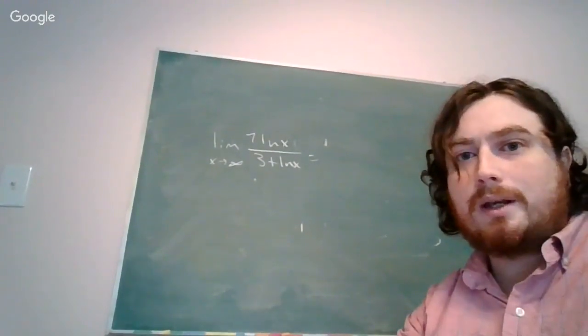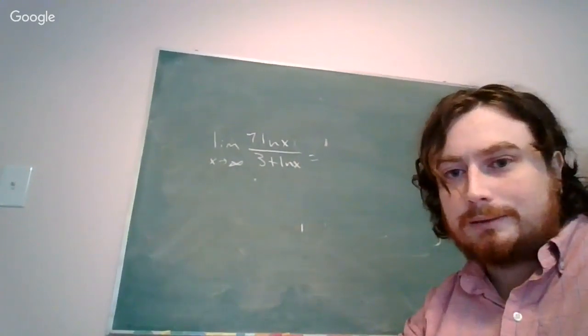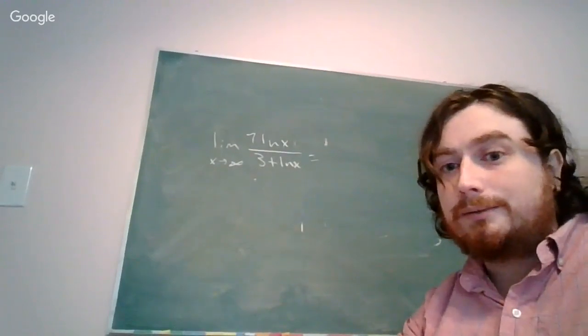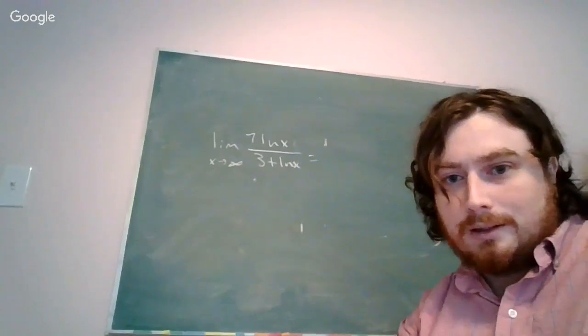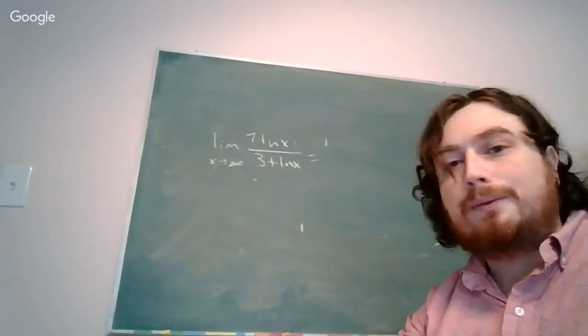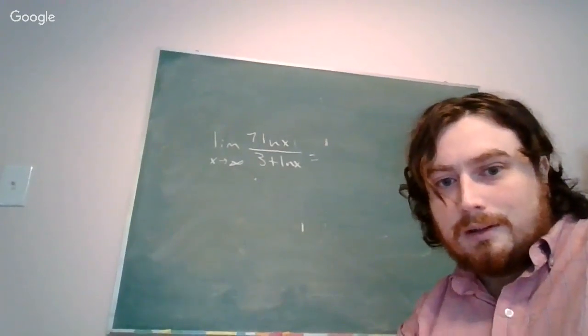And on the other hand, we have 3 plus natural log of infinity. And natural log of infinity is infinity. So 3 plus infinity is also infinity. So what we end up with is infinity over infinity. All right.